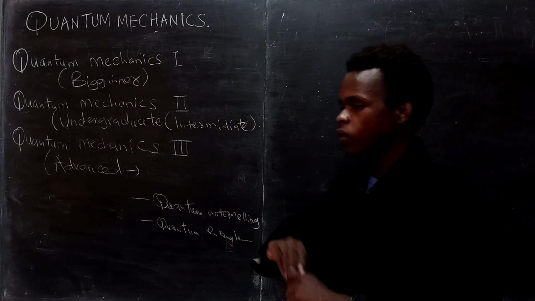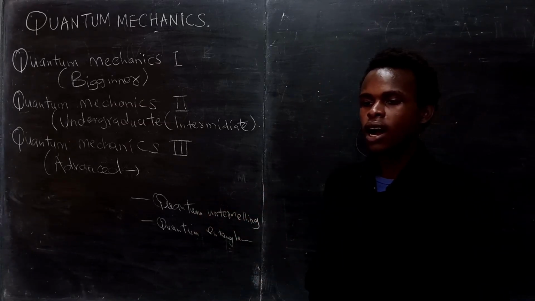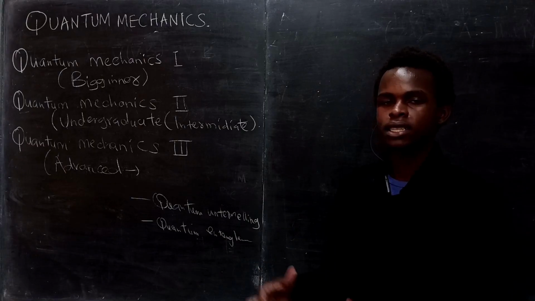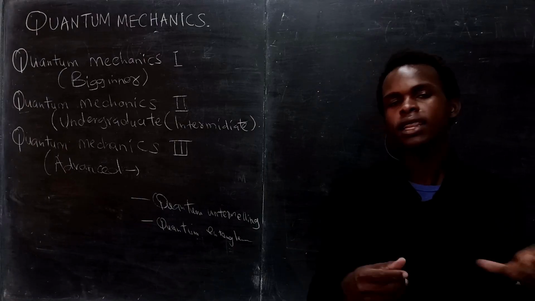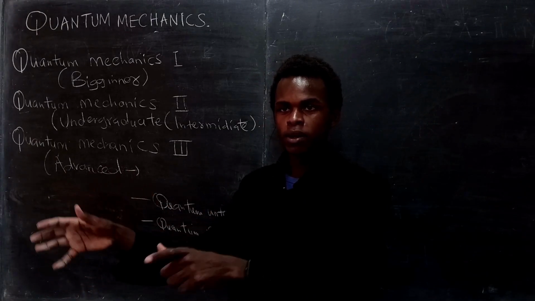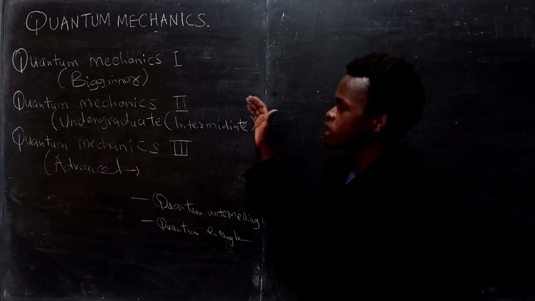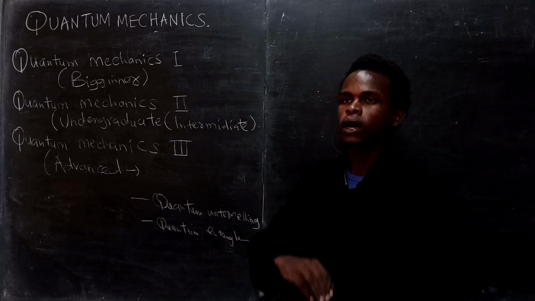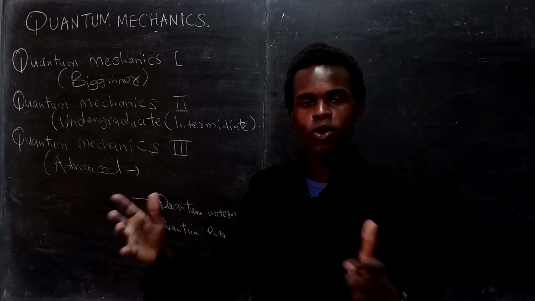So the way I've structured to teach quantum mechanics is this: normally most people teach quantum mechanics by just taking the principles of quantum mechanics and applying them to the systems that the problems are evaluating. But in this case, we will do quantum mechanics in a very different approach, where we will do the historical developments of quantum mechanics.